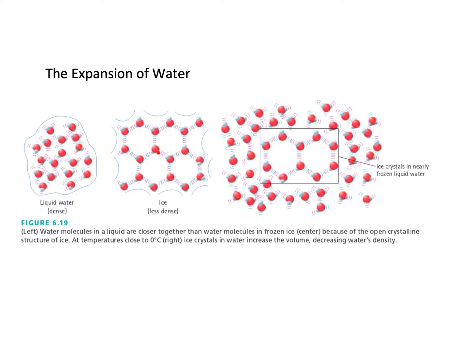And you can see the sort of geometry that occurs here, and that creates a lot of empty space, so the ice crystals are actually expanded. And so ice crystals in nearly frozen water are taking up a lot of space compared to the water itself. So the solid part takes up more space than the liquid part.